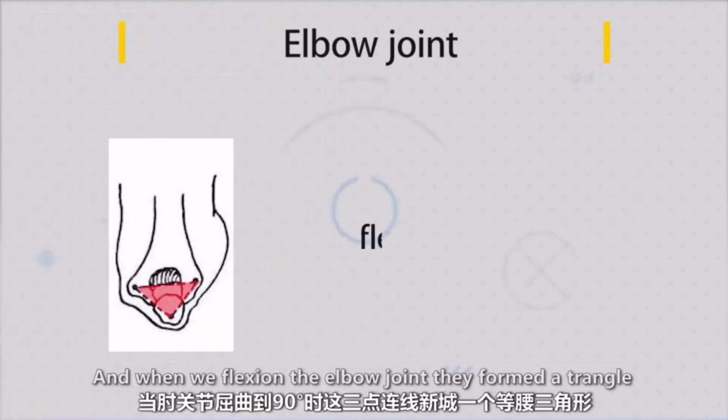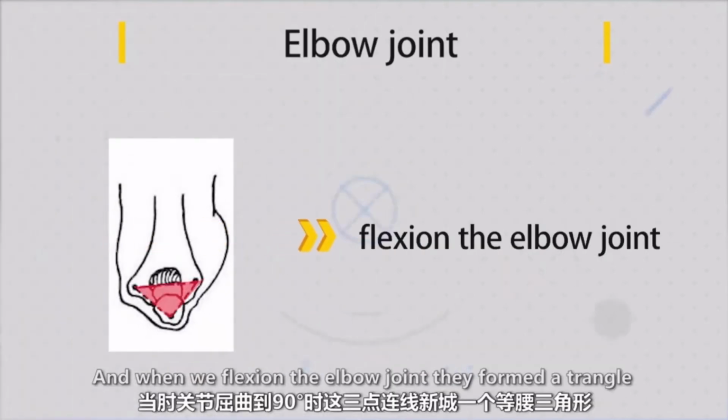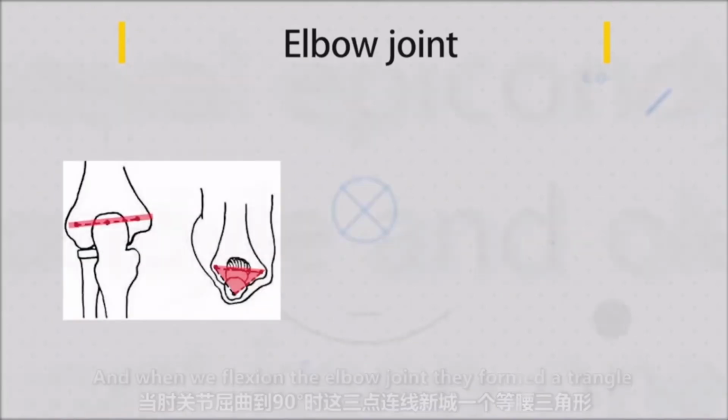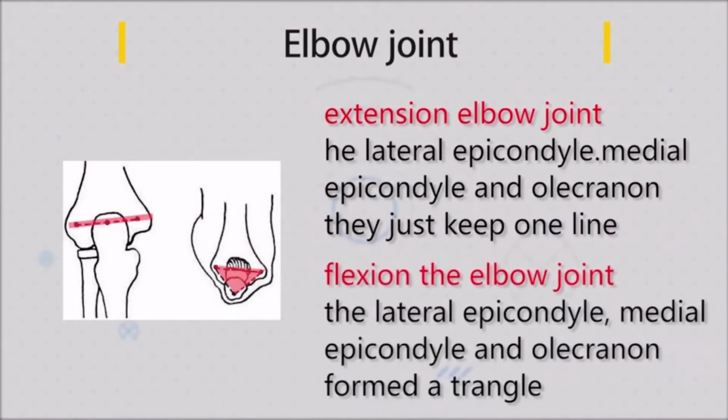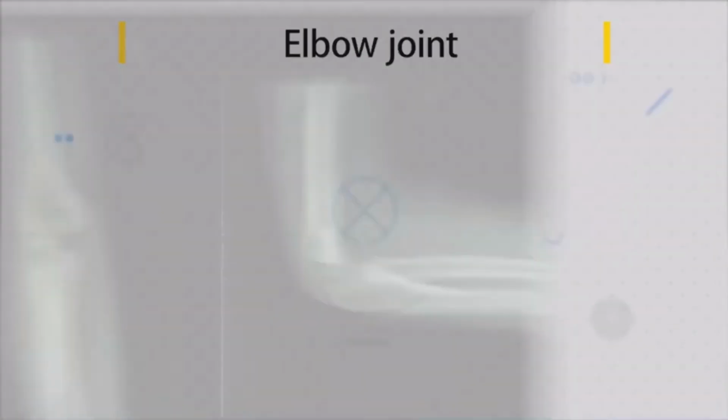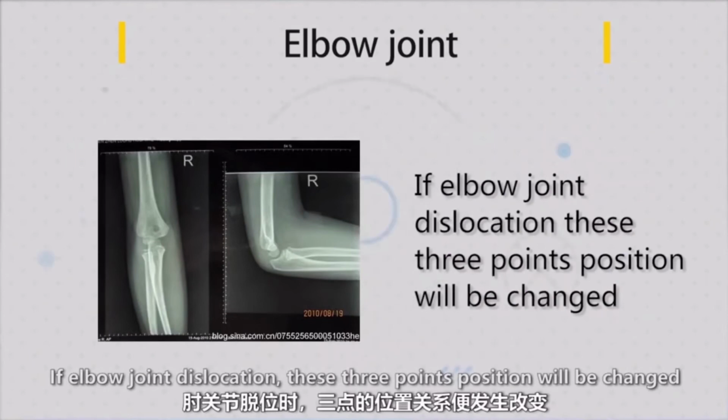And when we flex the elbow joint, these 3 points form a triangle. So if the elbow joint is dislocated, the positions of these 3 points would be changed.